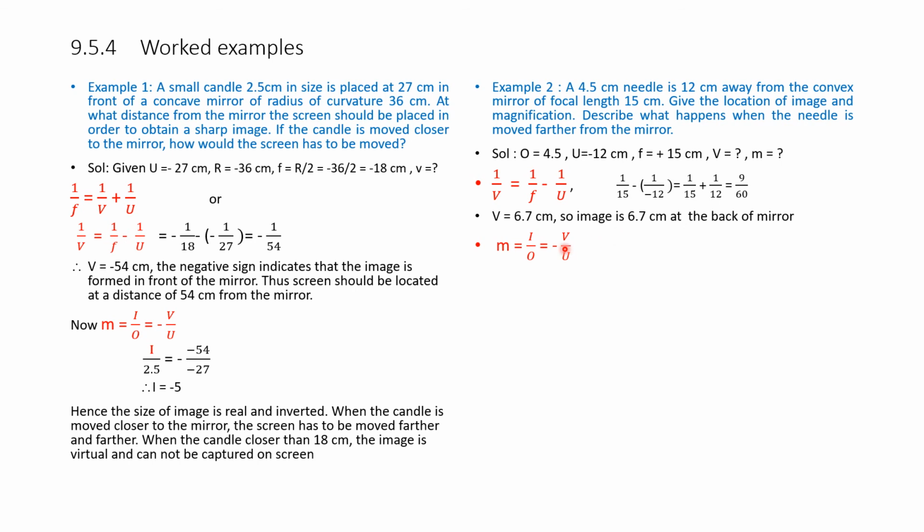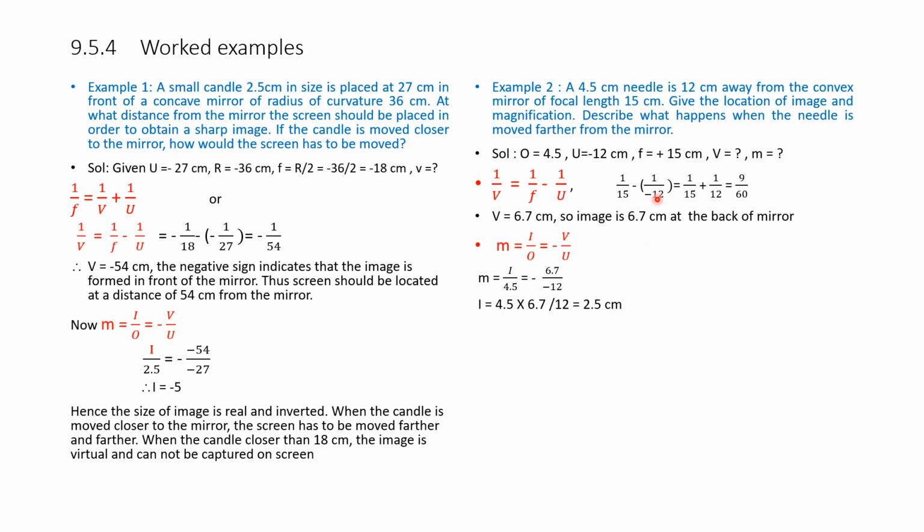Magnification is given by I over O, that is given by the formula minus V by U. Therefore, M is equal to I over 4.5, the object height, that is equal to minus 6.7 divided by U, which is minus 12. Therefore, I is equal to 4.5 into 6.7 divided by 12, that is equal to 2.5 centimeter.